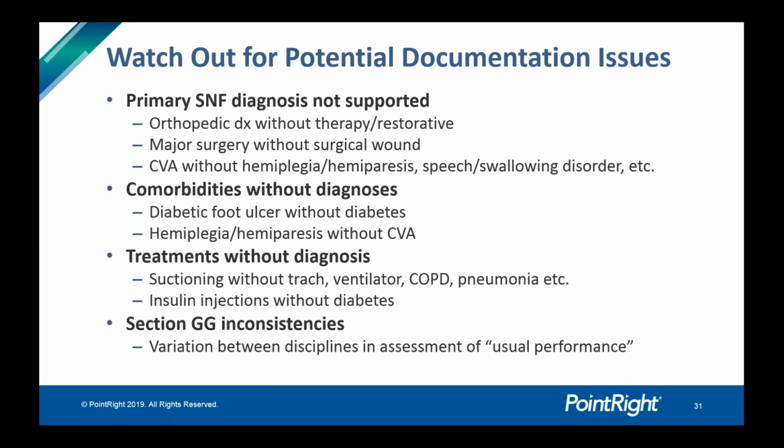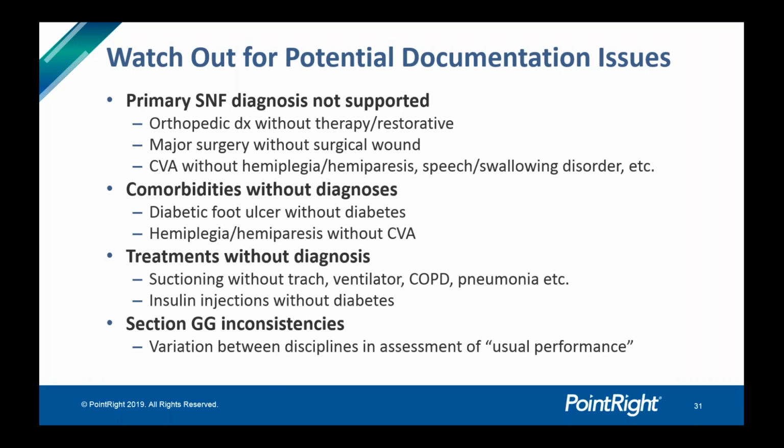If that primary diagnosis is not supported in the documentation, whether it's an orthopedic diagnosis but there's no therapy being provided, that's going to be a big compliance red flag. A major surgery, but there's no wound from it, that's interesting. Or a CVA, but we're not seeing anything related to that CVA to put the individual in an acute neurological category, then that would be a compliance risk.